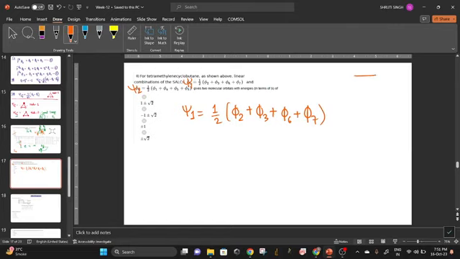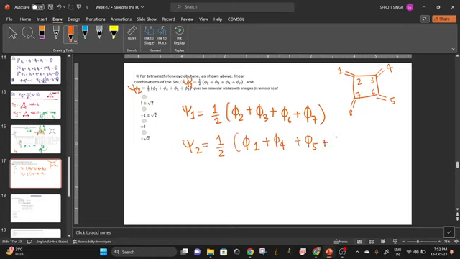Okay, 2, 3, 6, 7 means the inside ones. This is 1, this is 4, this is 5, this is 8. So these carbons, the double bond terminal carbons, are 1, 4, 5 and 8. So they form a group 1, 4, 5, 8.